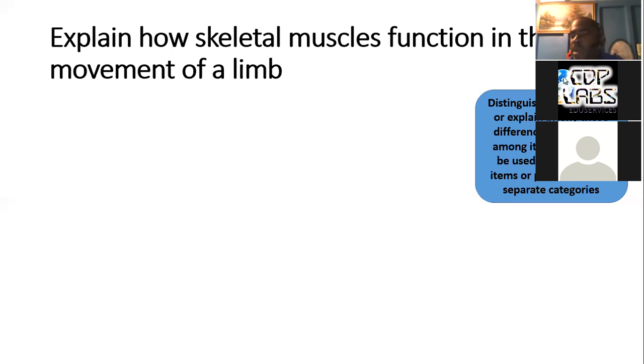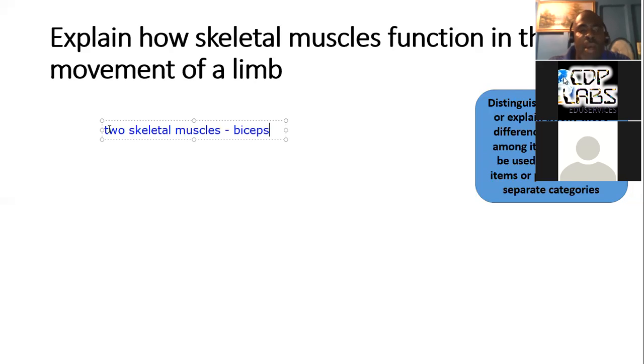But what is the one word you can use now to describe the behavior? Antagonistic muscles. Antagonistic muscles, right? So for you to get the full marks in this question, you have to make mention of the two skeletal muscles, and those are biceps and triceps.